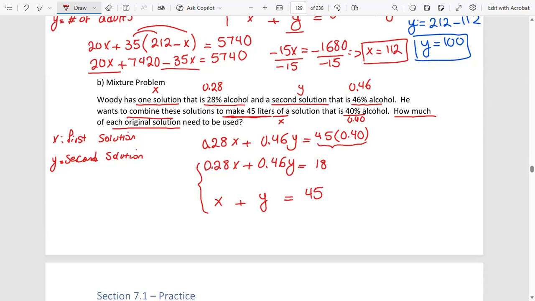So my second equation is based on the liters of each solution, and my first equation is based on the percentage of alcohol. Again, you can use elimination or substitution, but at the end you will get x equal to 15 and y equal to 30. That means you need 15 liters of the 28% alcohol solution and 30 liters of the 46% alcohol solution, which is the second solution.